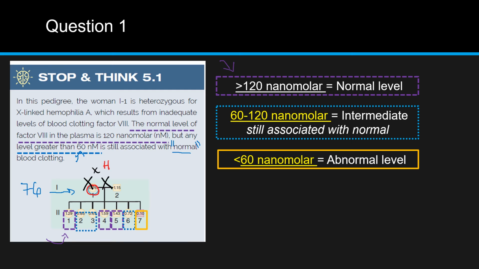For example, number 2 will be very easy. Number 2 will be XY, so it has only one X chromosome, and they didn't say that this chromosome is affected. If it was affected, this number should be very, very low because it only has one X chromosome.